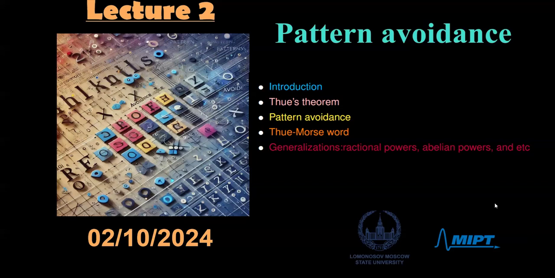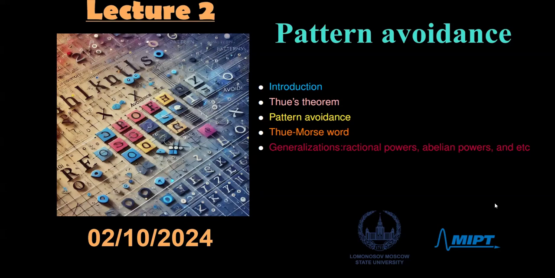first, a brief introduction to the idea of pattern avoidance and why it's significant. Second, we will dive into Thue's theorem, a fundamental result in this area. After that, we will discuss what pattern avoidance actually means in more detail.